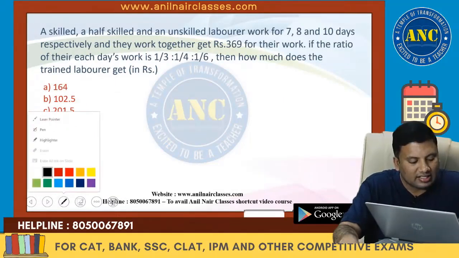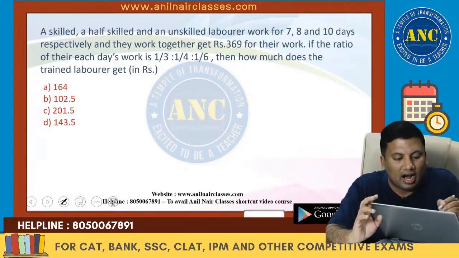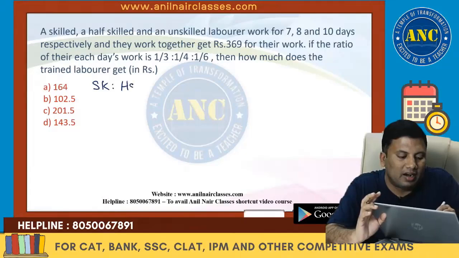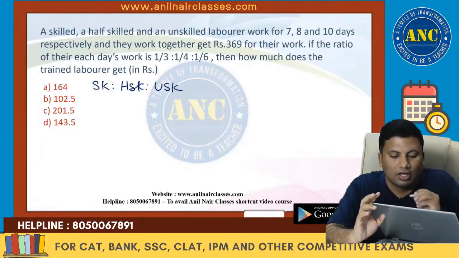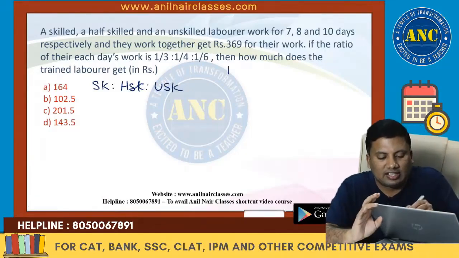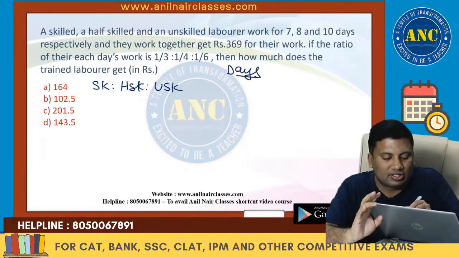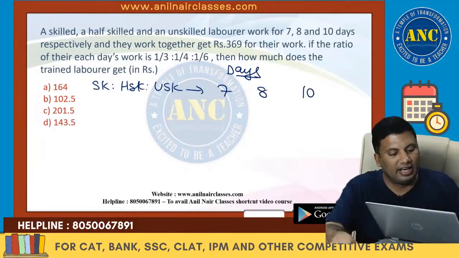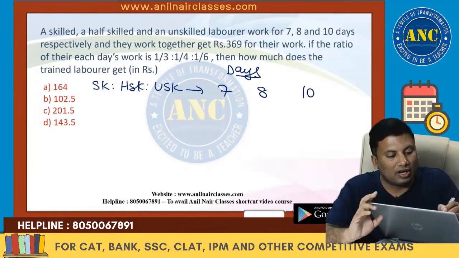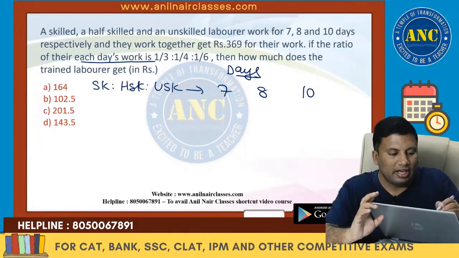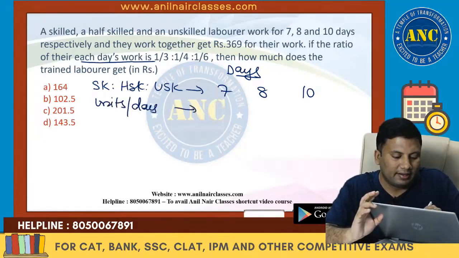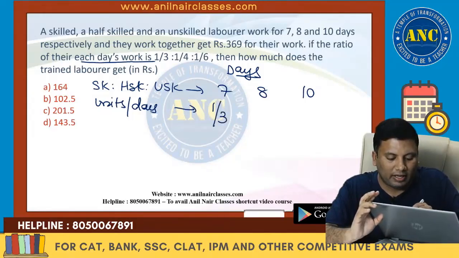Next one, again it is an exam related question. A skilled, half skilled and unskilled laborer work for 7, 8 and 10 days. So they all work for 7, 8 and 10 days. And the ratio of their each day's work, so units done per day, is nothing but 1/3, 1/4, 1/6.